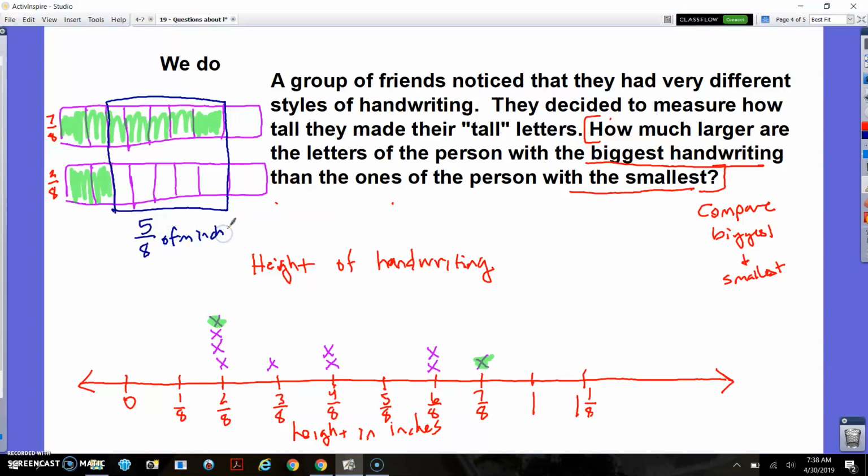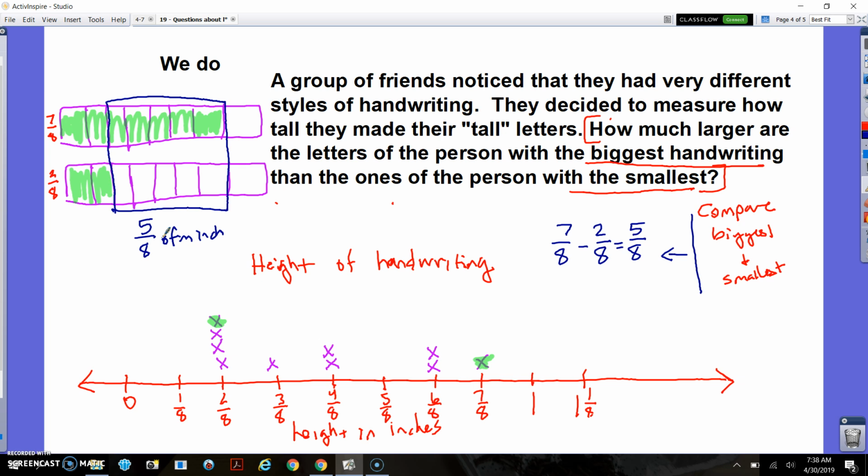So the person with the largest handwriting has letters 5/8 of an inch taller than the person with the smallest handwriting. Okay. And again, if you notice that this was compare language, and if you knew that meant to subtract, then you would just take 7/8 minus 2/8, and you would never subtract your denominators, just your numerators, and know that it was 5/8, just like we saw there.